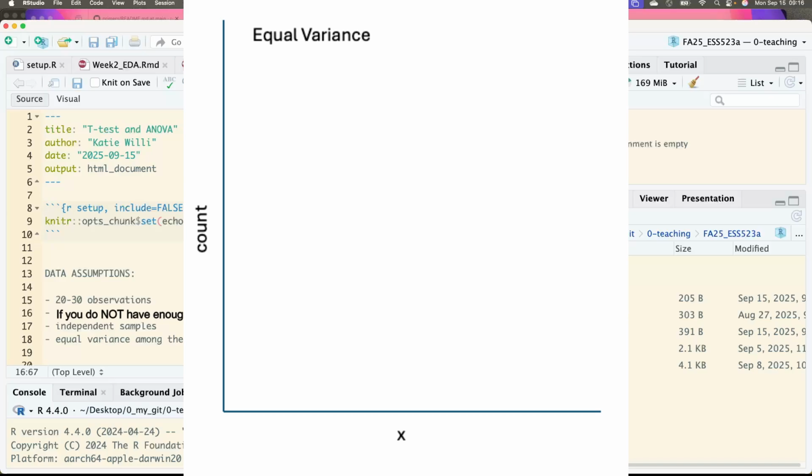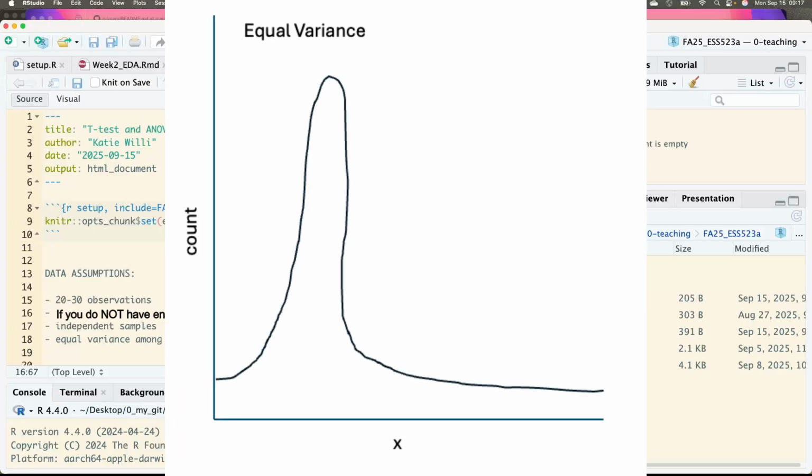So what equal variance means is that essentially the width of the histogram is the same across your groups. So if we have one of our group types whose distribution of whatever this X variable is nice and tight, a big peak, right?